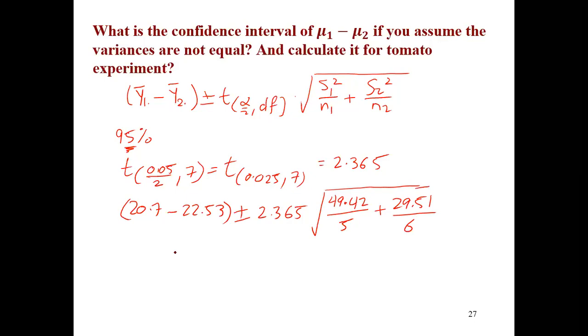With a simple calculation, you get the lower limit is negative 10.93, upper limit is 7.26. So let's see if the conclusion is different or not. The lower limit is negative, upper limit is positive. So if the lower limit is negative and upper limit is positive, what is your conclusion from the confidence interval?